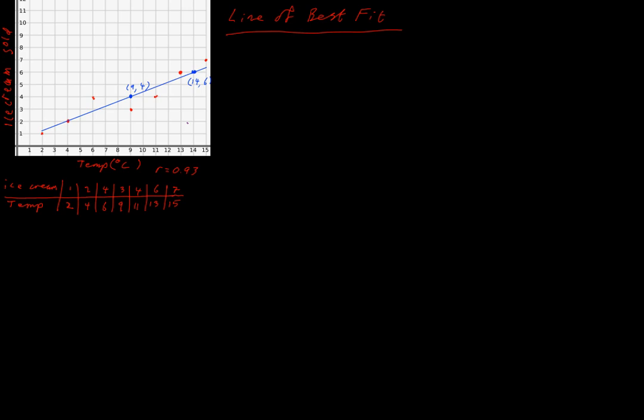So while you very much have to be showing that you are going through the middle of your data set, the middle of your bunch of points, you also want to be making life easier for yourself. Try and have 2 points on your line that are going to be on nice coordinates to work with, so that you're not dealing with decimals when you're getting the equation of your line.